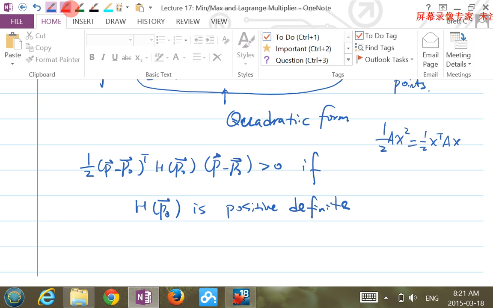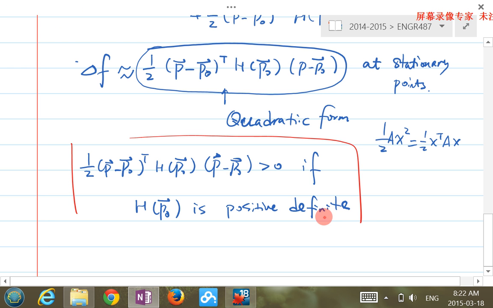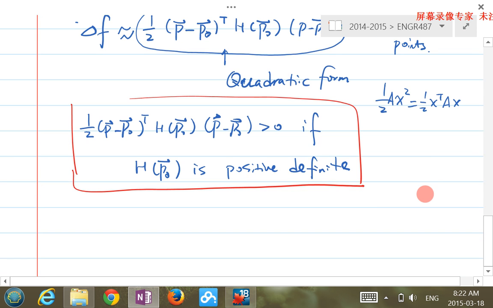This is a pretty useful idea in terms of matrix linear algebra: positive definite.